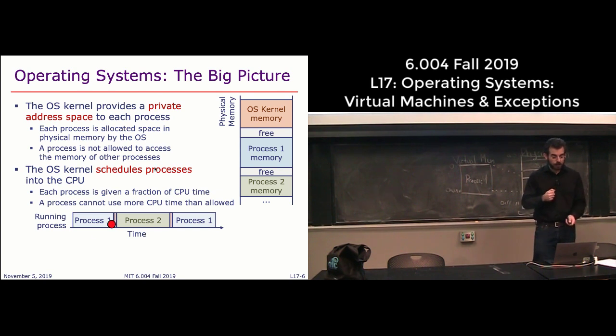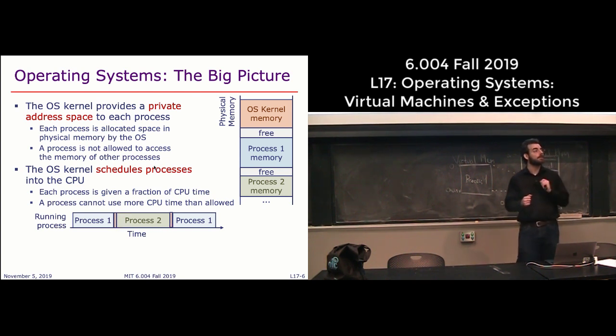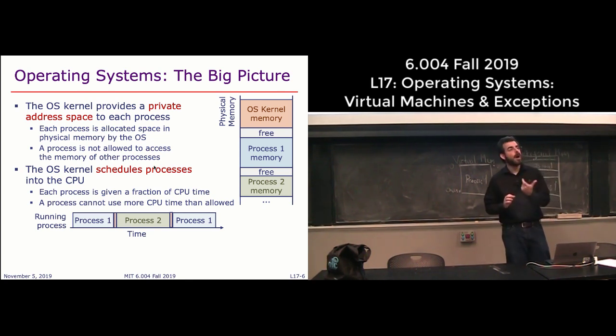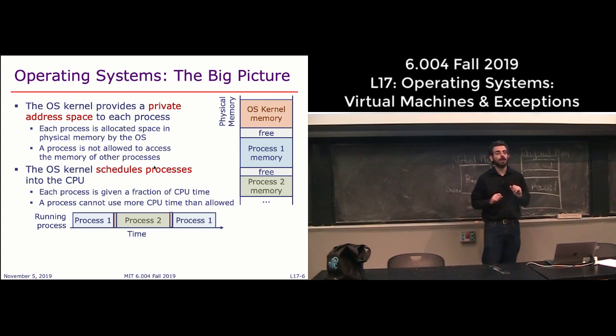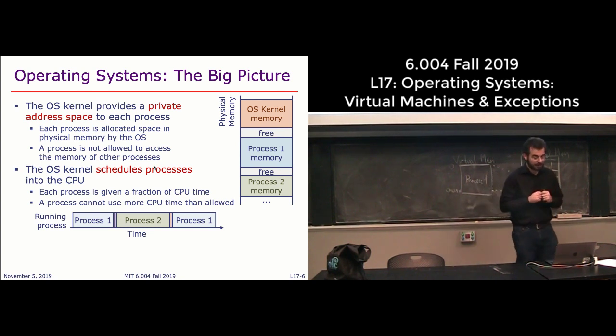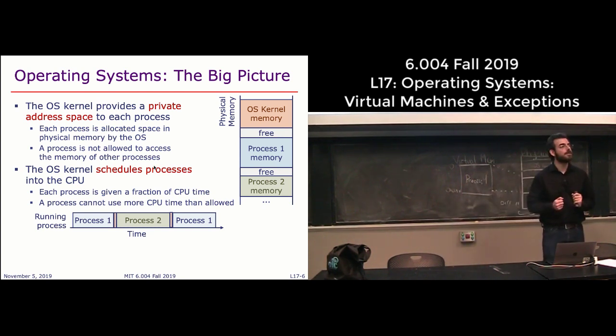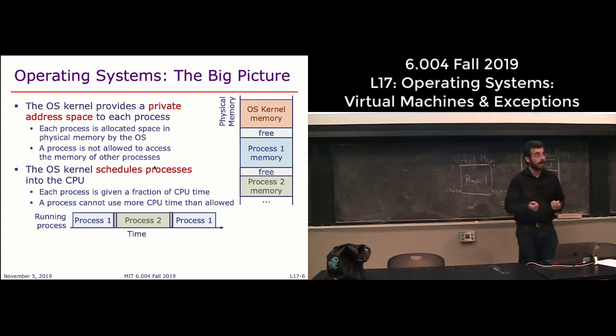It's going to schedule a process for some amount of time, let's say a few tens of milliseconds, and then it will step in, take this process out of the CPU and give the CPU to another process, let's say process 2. After some time, it will again step in and swap the processes again. So both of these processes are running on the same CPU, just at different points in time.